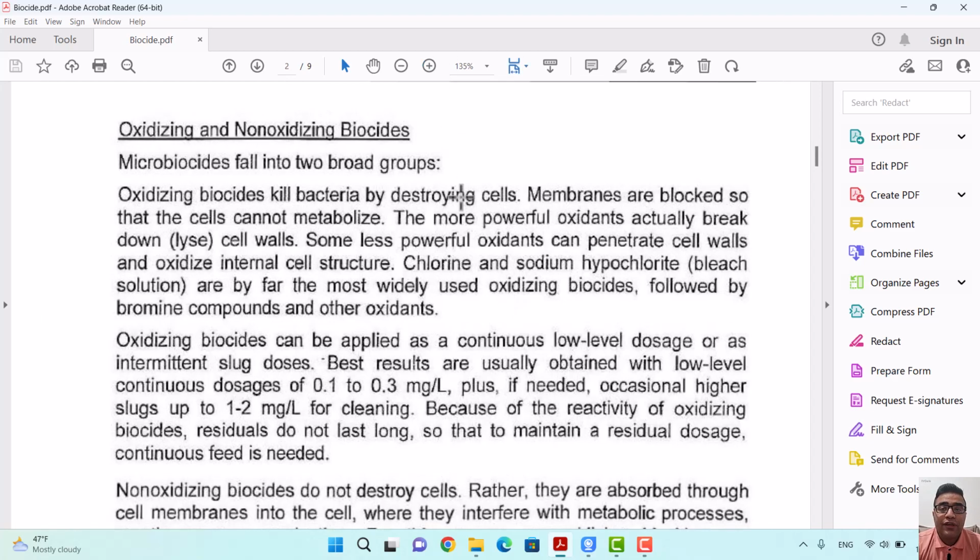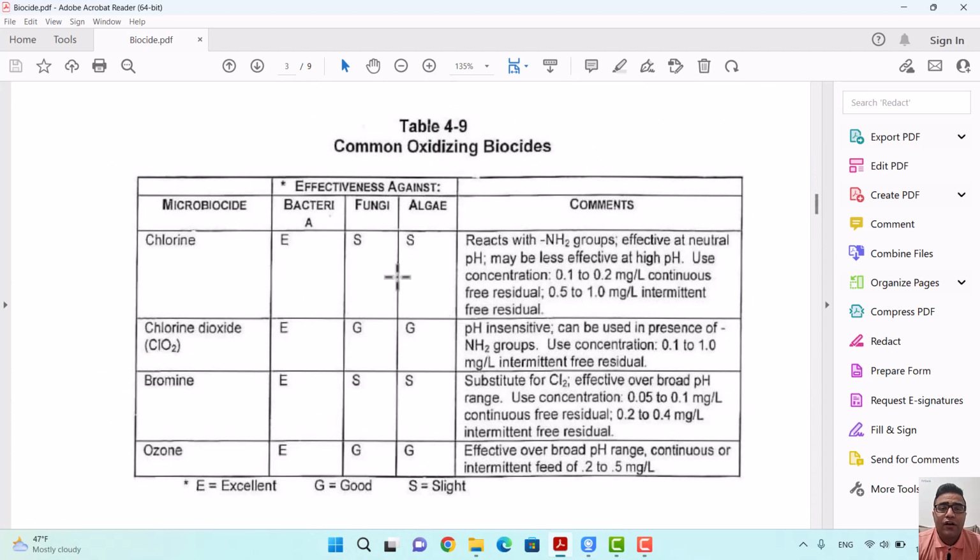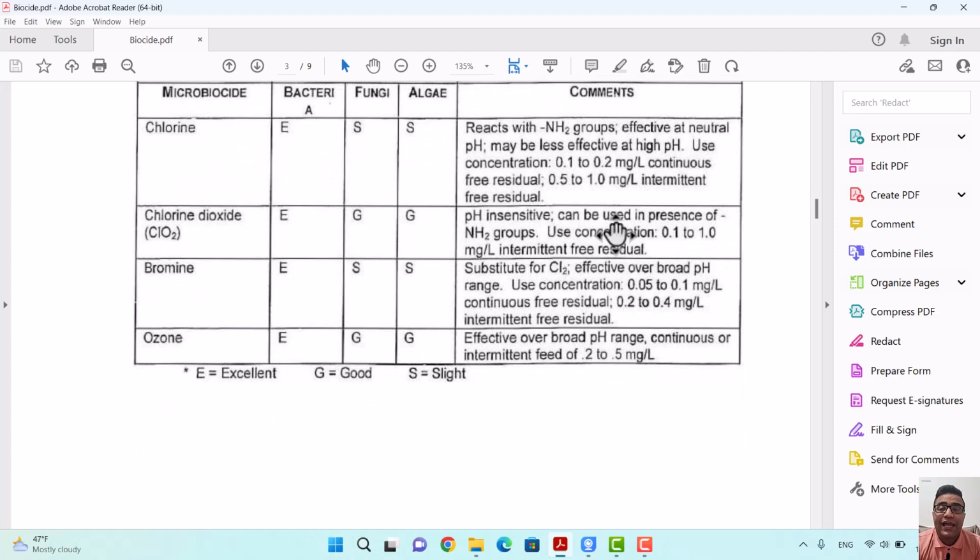And of course, we have talked about different types of oxidizing biocides, their performance against different bacteria, fungi, algae, the environment in which they are most effective, and the required dosage of them in order to be effective against these bacteria, fungi, and algae.